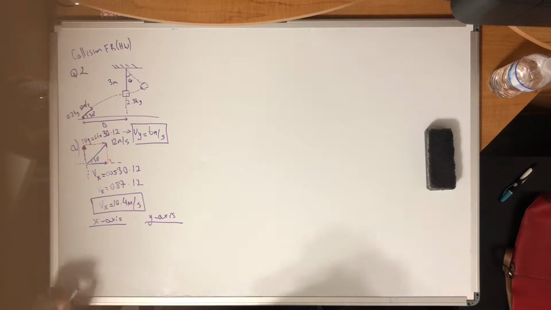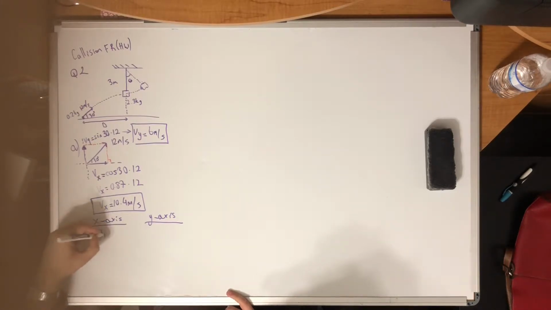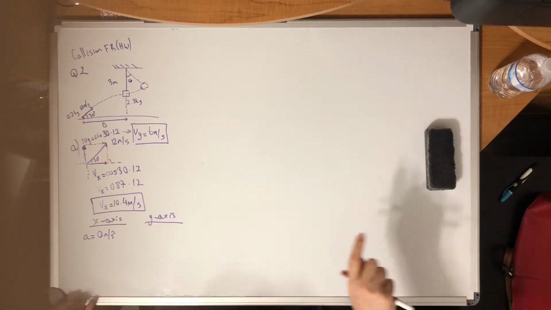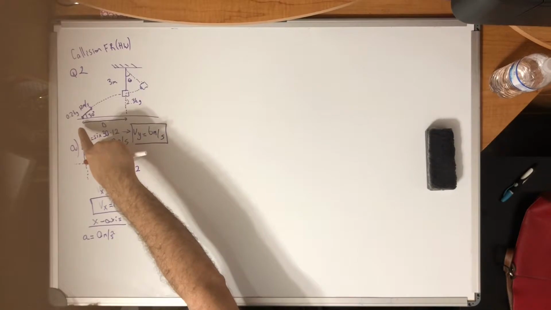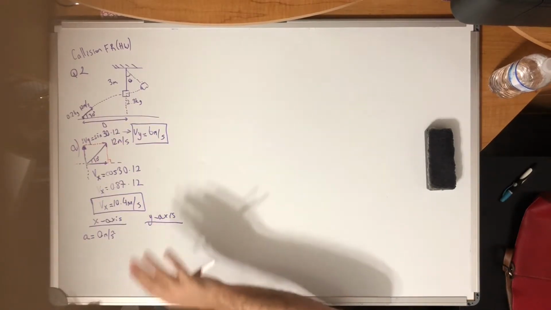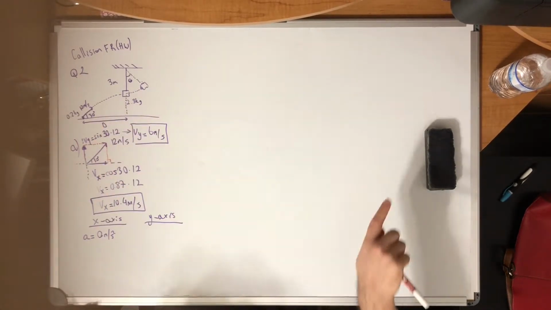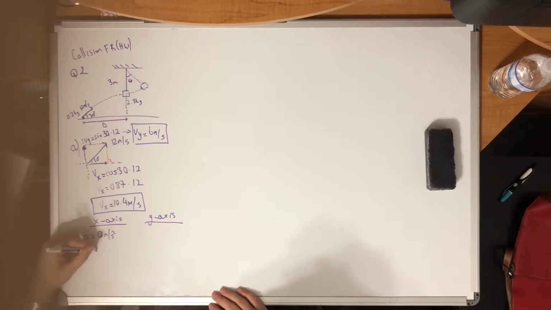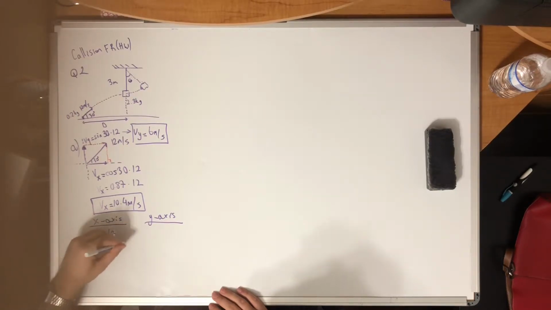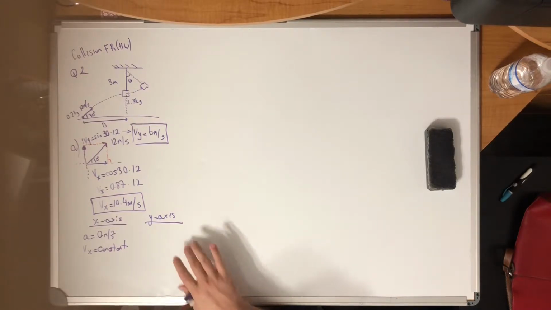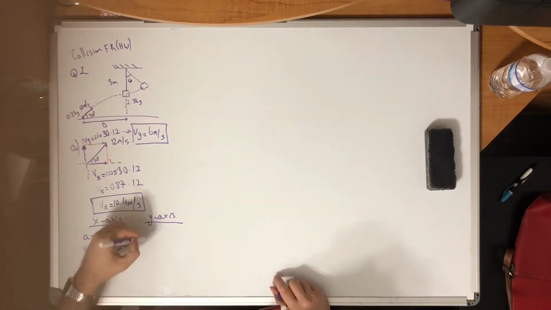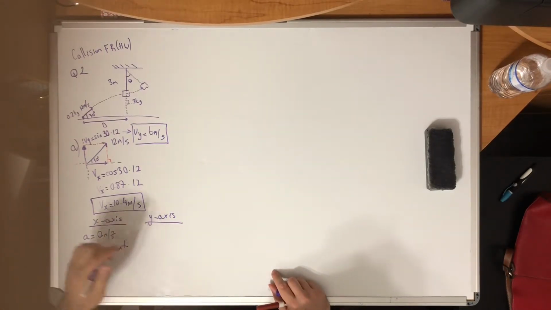On the x-axis, we know that my acceleration is 0, because there is nothing to move this object to the side except the first initial push. After that initial push, there is no force acting on the object on the horizontal axis, so my acceleration is 0. I also know that my Vx is constant and not changing.